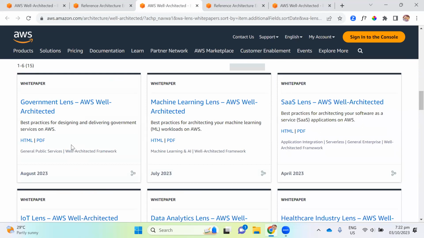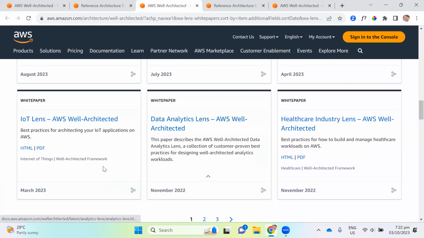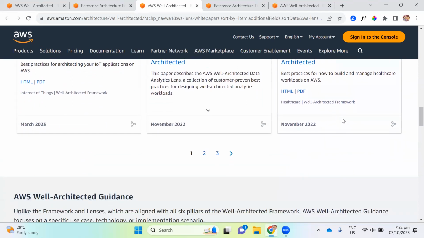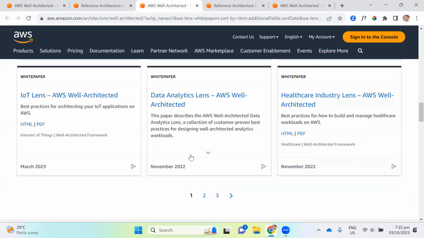And many of our colleagues are working in government sectors and they're using AWS. So what are the best practices, right? What are the best practices for data analytics, healthcare industry, which is very, very important and well governed. So security is a prime concern there because of PII data of the patients and all these things.